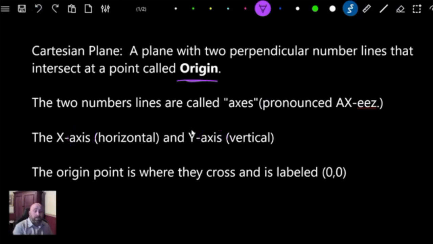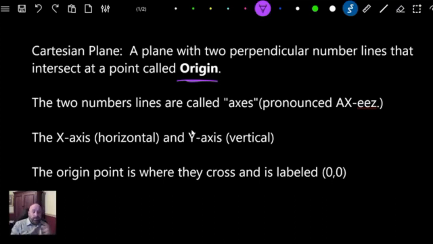If you know from science class, maybe, the earth spins on an axis. In other words, it's like a straight line that goes through the center of the earth, and the earth rotates around that straight line. That's called an axis. Well, in the Cartesian plane, we have two different axes.